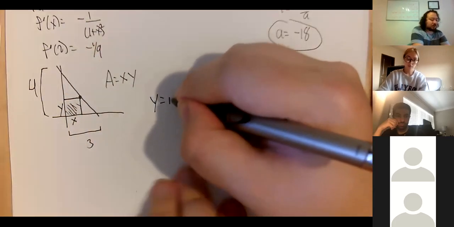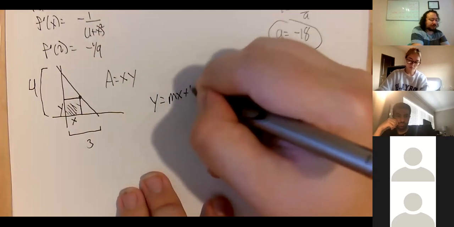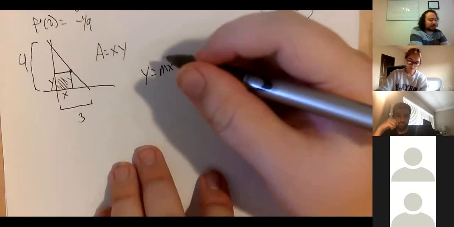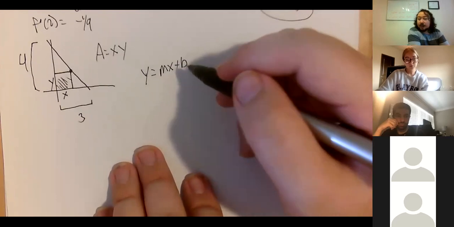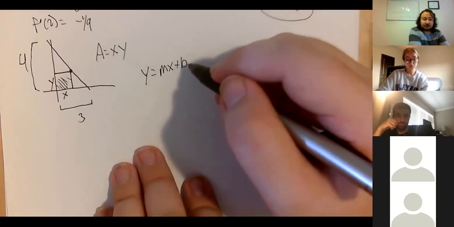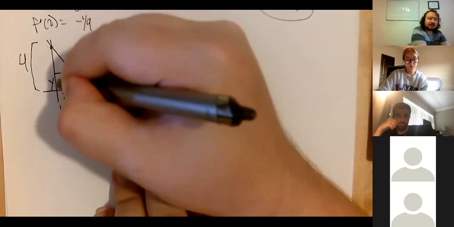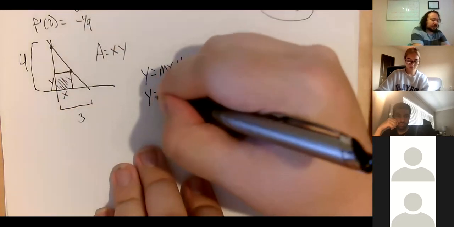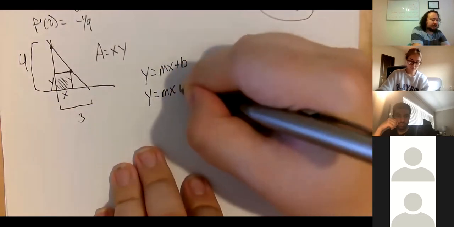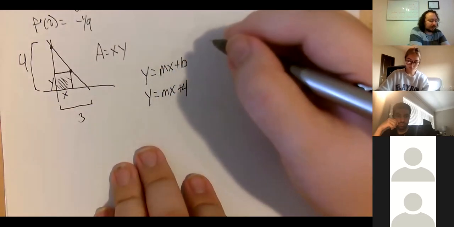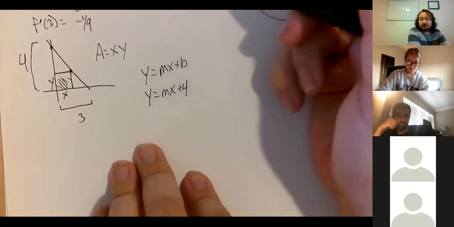All right, so let's try to figure out what the equation of this line is. Lines have the form y equals mx plus b. Let's see, b is going to be the y-intercept of this line, and actually we know what that is. The y-intercept is 4. That's how high this is. So we know our line's got to be something like mx plus 4. Then we could proceed in two different ways.